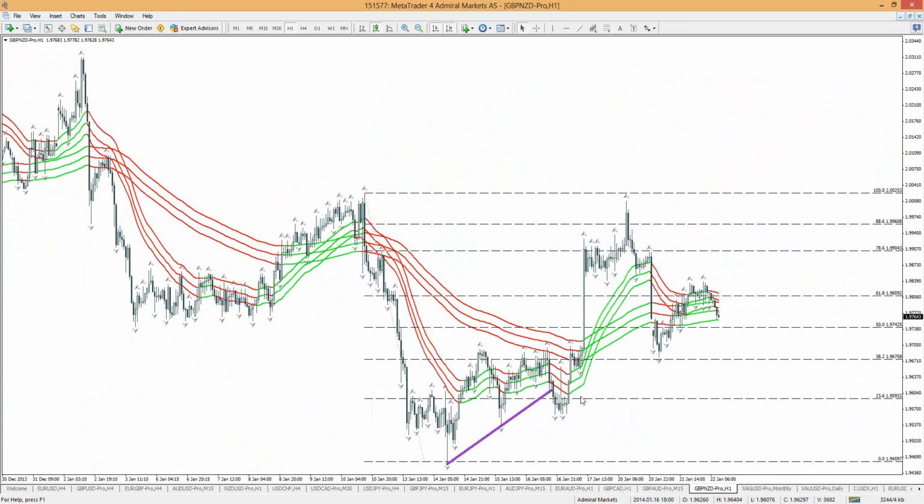Pound New Zealand. Let's see. Well, we have this trend line, this purple trend line in play. A break of that could be a potential for the currency to break to the downside.